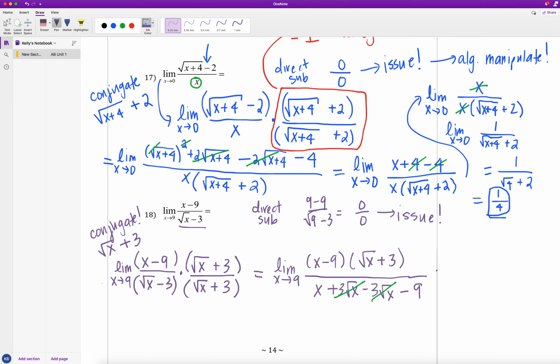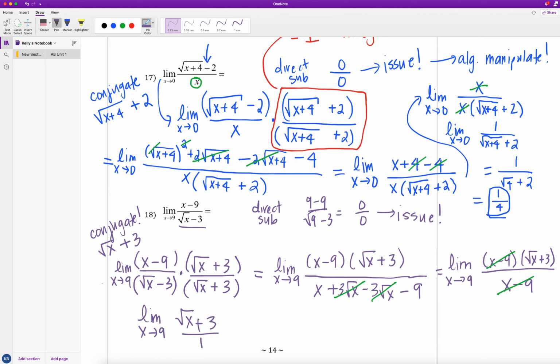We end up with the limit still as x approaches 9 of x minus 9 in the top, times our conjugate, all over x minus 9. Well, look how convenient that is. That x minus 9 cancels out, and we end up with the limit, since I haven't taken it yet, of just the square root of x plus 3.